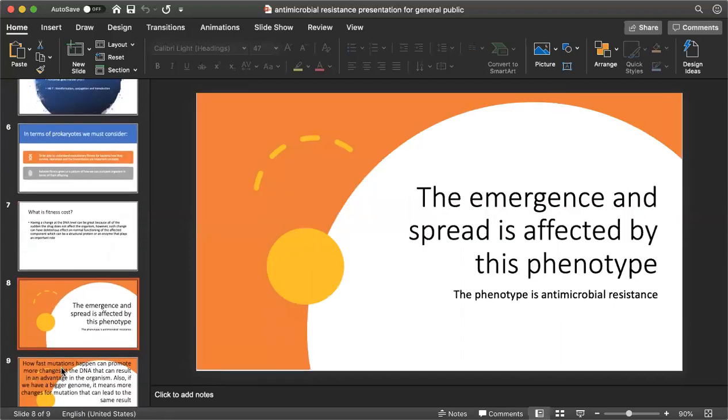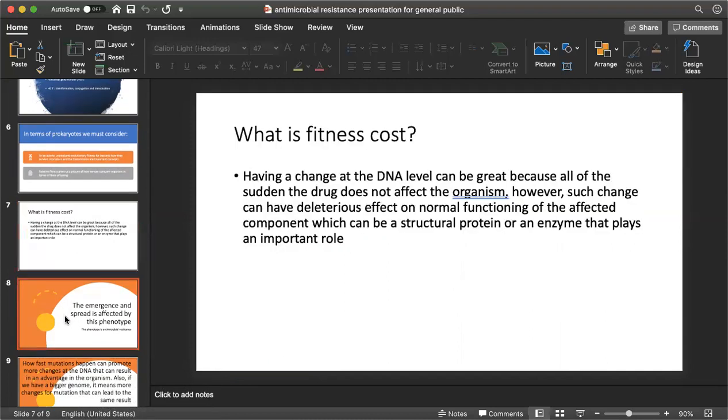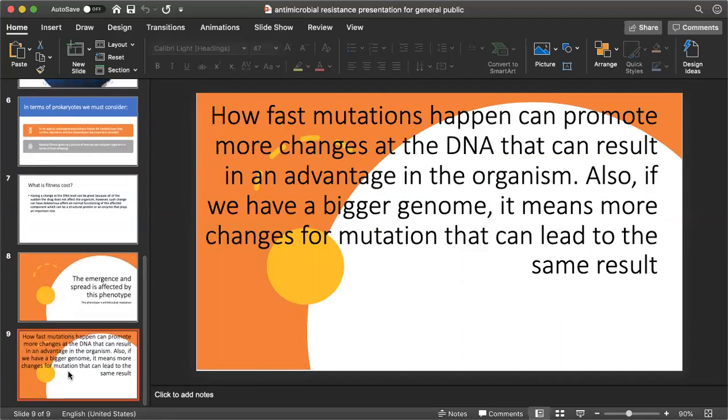Now, the emergence and spread is affected by this phenotype. Now, this phenotype is antimicrobial resistance. How does it come about and how can it spread? This is, in simple terms, when we have fast mutations which happen, this means that we can promote these changes at the DNA level, and as a result, we have the advantage in the organism.